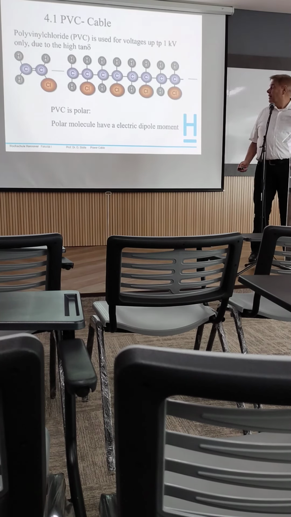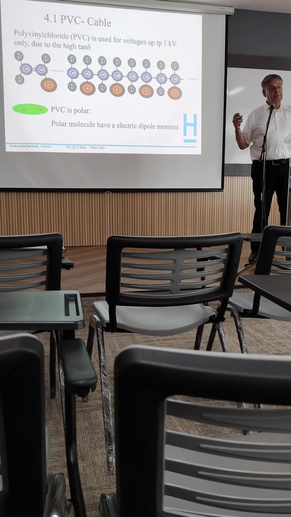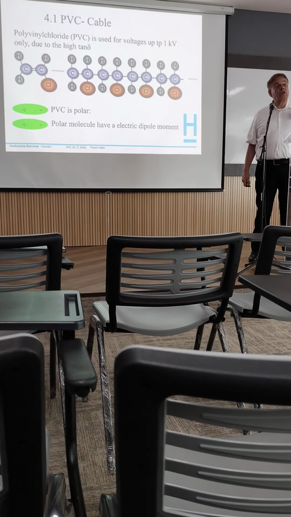What does that mean? It means if I have a molecule, in total it is neutral, but inside the molecule you have a more positive and a more negative area. For example, we have several of these molecules.